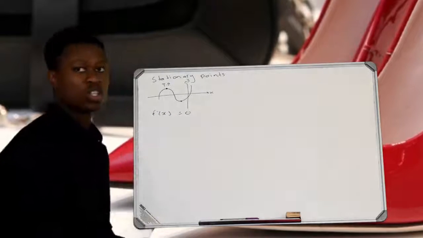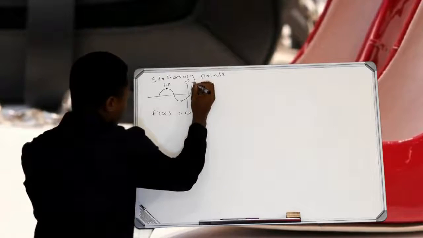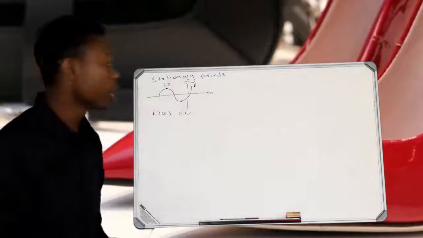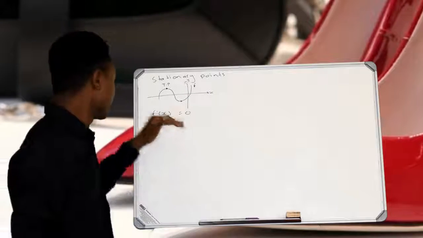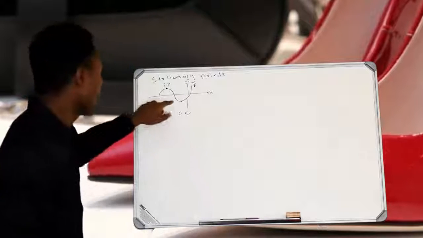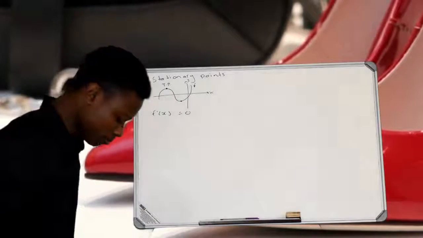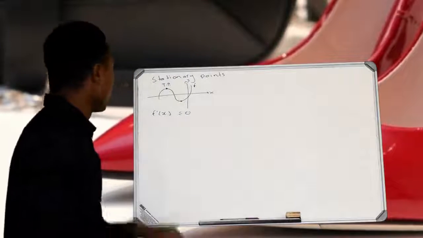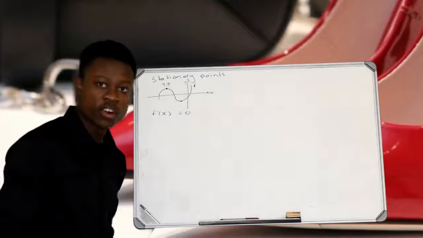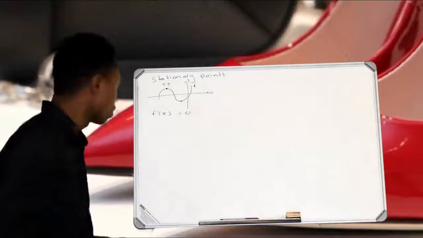So if this is a function f of x, then f prime of x at both of these points would be equal to 0. You will be using that a lot when you have to solve most of these equations, right?